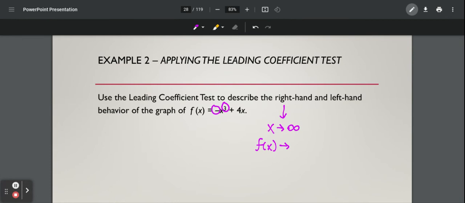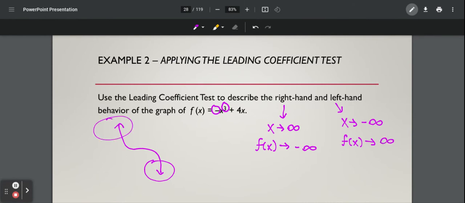Remember, the negative odd degree is going to look like that, or some version of that, which means that as x is going towards positive infinity, your y value is going towards negative infinity. Your left-hand behavior would be when x is going towards negative infinity, your y value would be going towards positive infinity. We would be looking at that behavior right there.